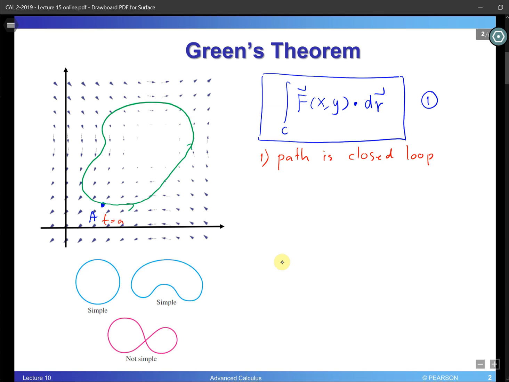So at this point, it's not just A, it's also B too, and B happens at t equal to b, but it turns out that the location A and location B is the same. Alright, this kind of path is closed loop. So C here is closed loop. What it means is that it comes back to the original location.